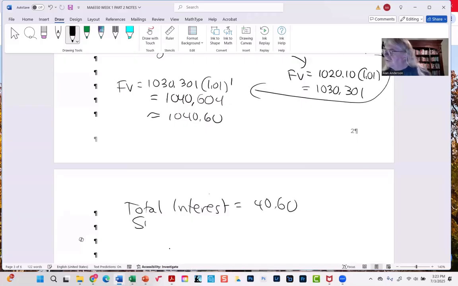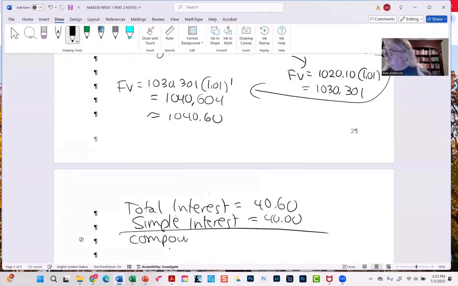The simple hasn't changed. It is completely independent of the compounding frequency. And that means the compound interest is now 60 cents.